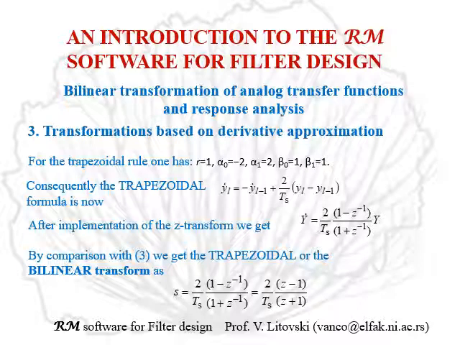Now, the more important thing is the trapezoidal rule, which is the most frequently used in this area, which arises where the order of the formula is 1, alpha 0 is minus 2, alpha 1 is 2, beta 0 is 1, and note beta 1 is 1 now.